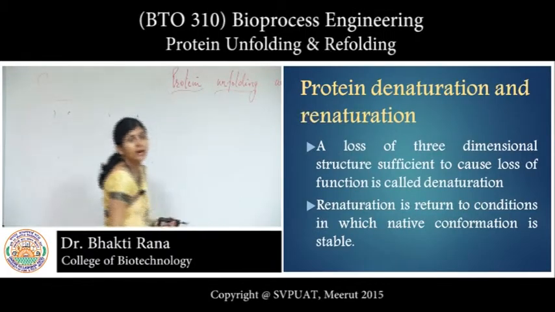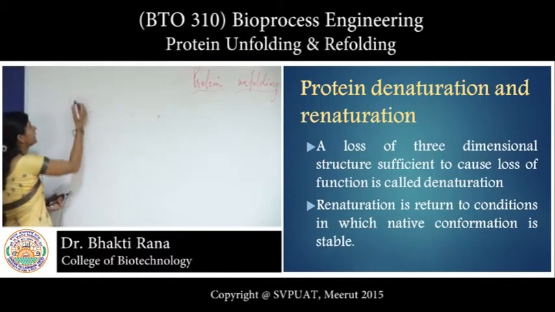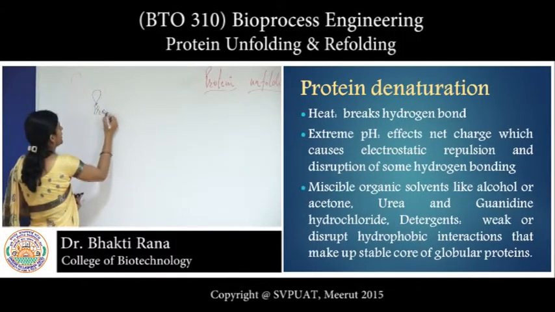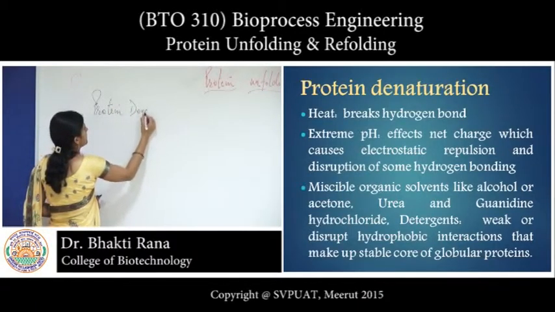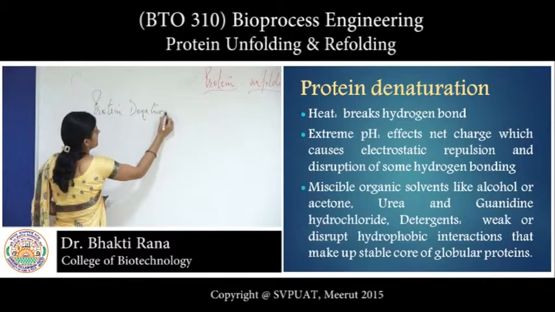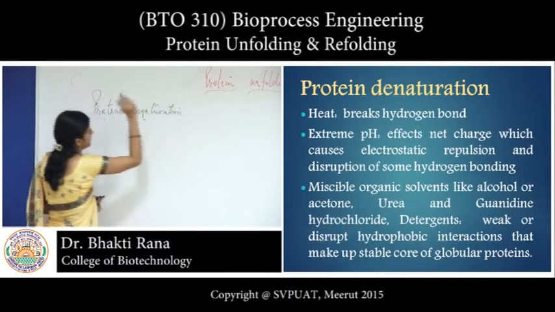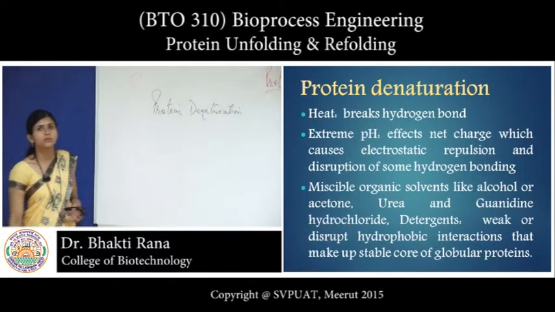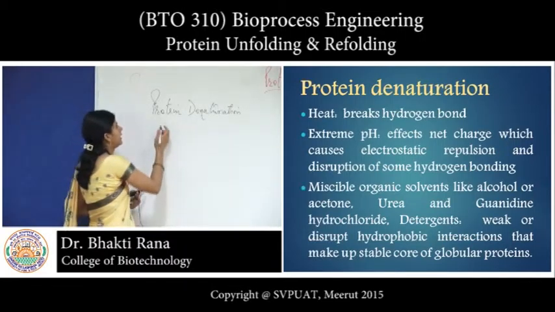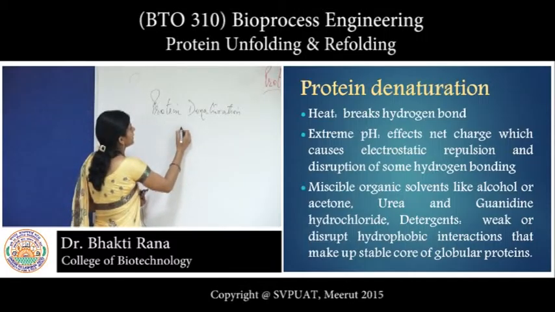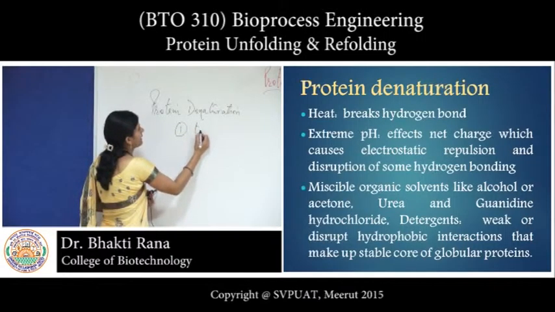For unfolding you have to denature the protein. The first heading is protein denaturation. Why do you have to do protein denaturation? You have to denature it to unfold the protein. So how will you denature it? First, you can denature it by temperature.